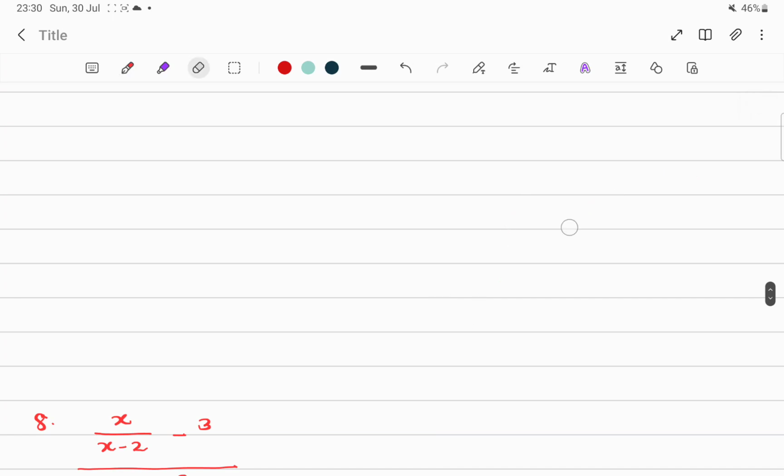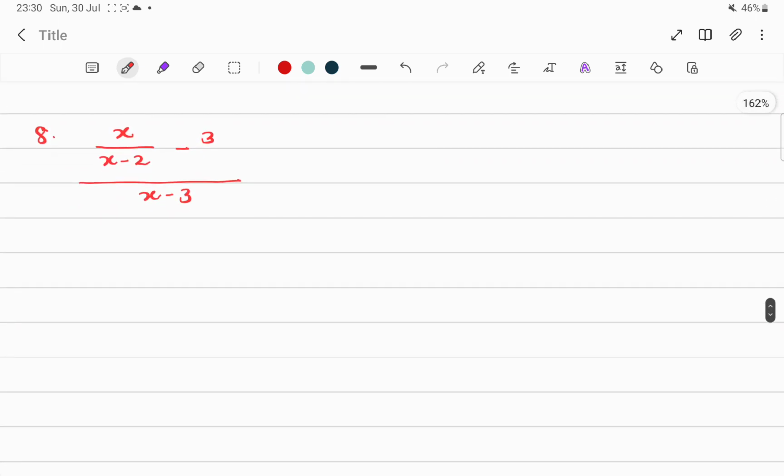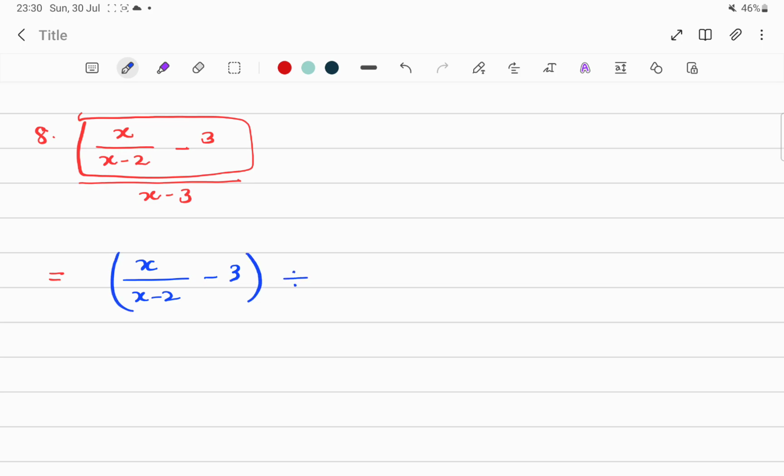Now there is this question which is quite interesting, and this is a different category of question. Here you again have an algebraic fraction, but the numerator itself is again a fraction. So first we will simplify the numerator part itself, or you can write it this way, x over x minus 2 minus 3, and this whole thing is divided by x minus 3.